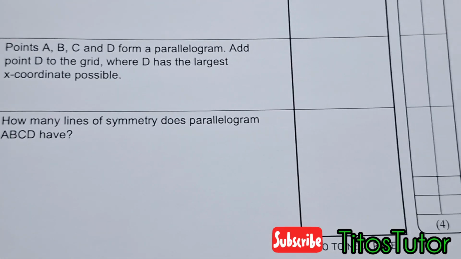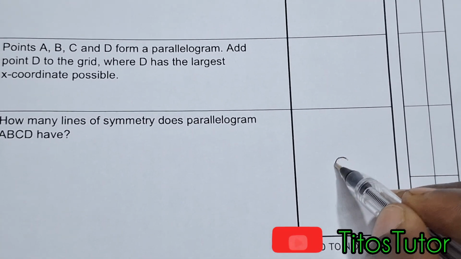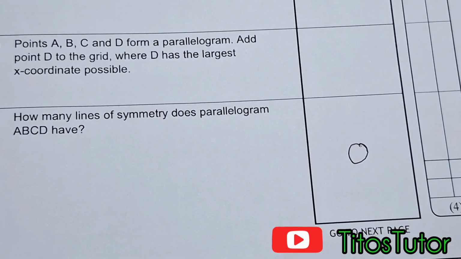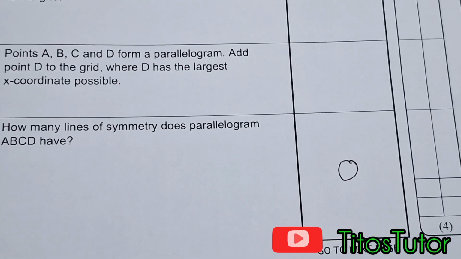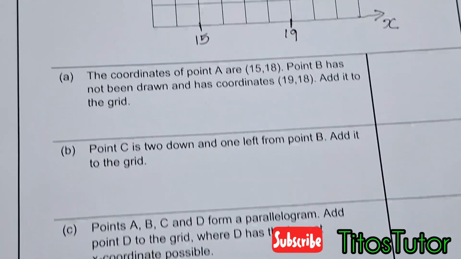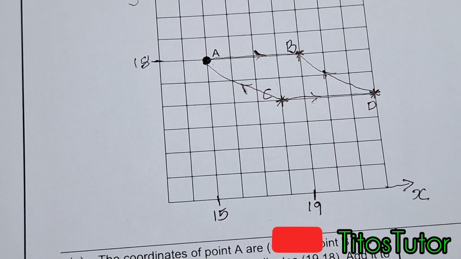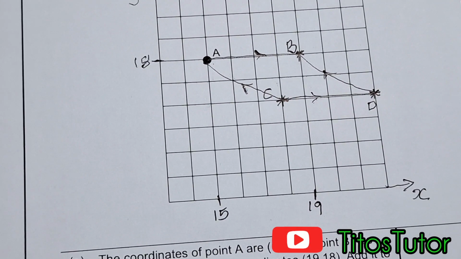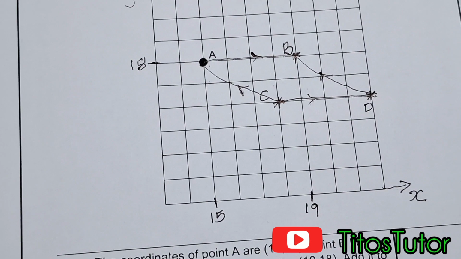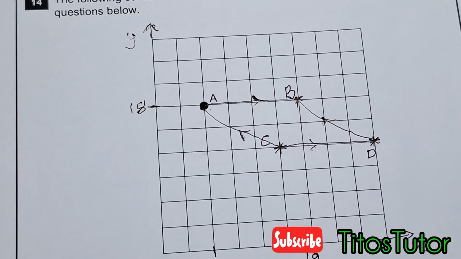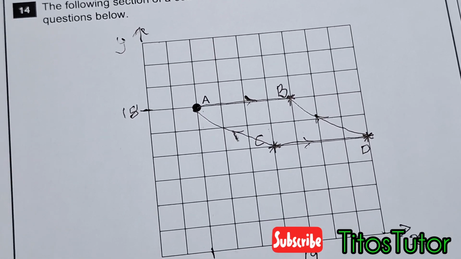What's a line of symmetry? A line of symmetry is a line that cuts a shape into two equal parts. When you fold along the line of symmetry, all edges touch. But for this parallelogram, it has no line of symmetry.